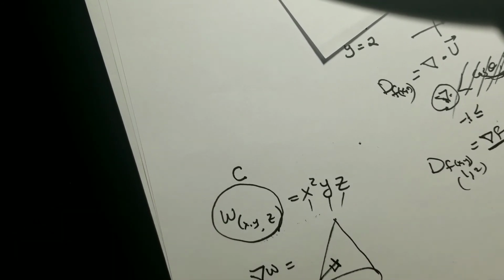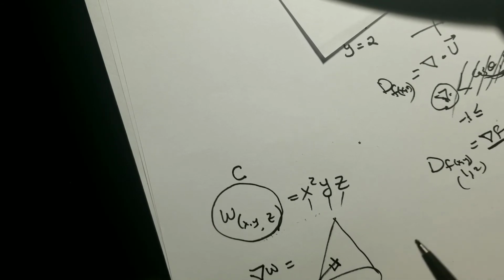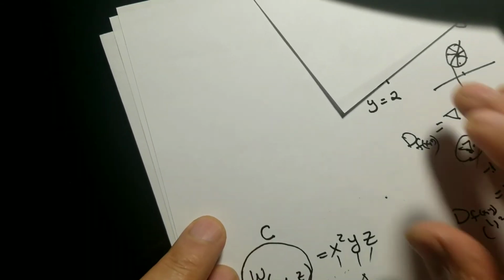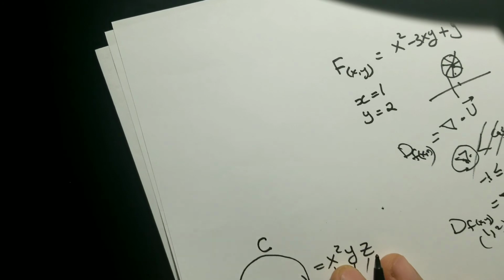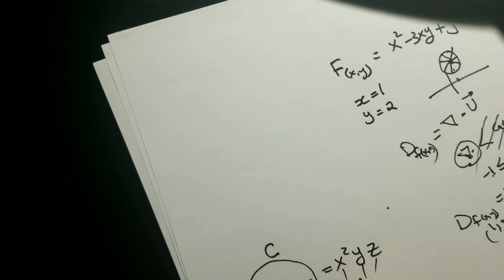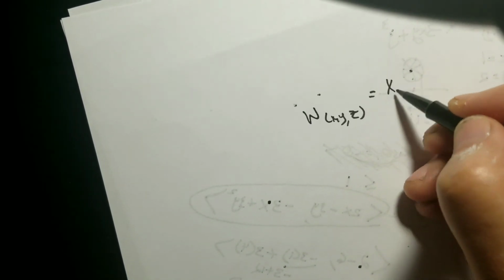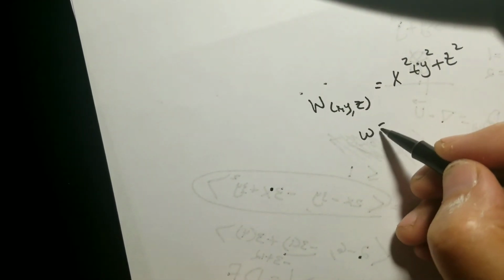Let me give you an example. Let's say w of x, y, z is x squared plus y squared plus z squared. At w equal to 0, what do you have?